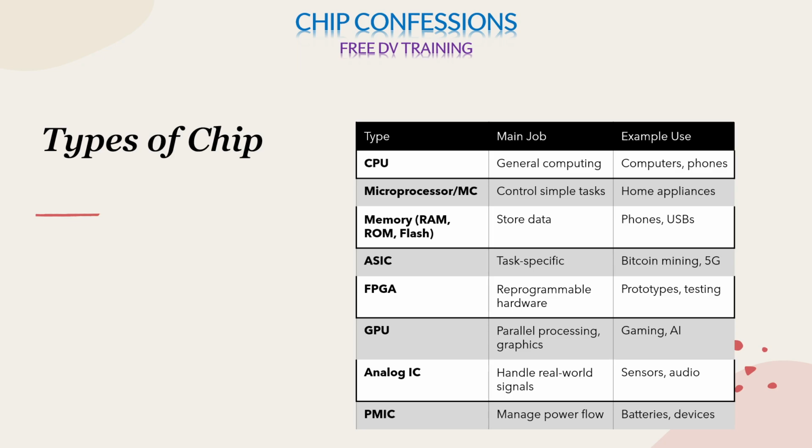Then we have the ASIC, which is the application specific integrated circuit. This is what we are going to learn in our course, and it is task specific. For example, if we are doing it for FFT, DFT, image processing, or some camera IP, then the ASIC will be task specific.